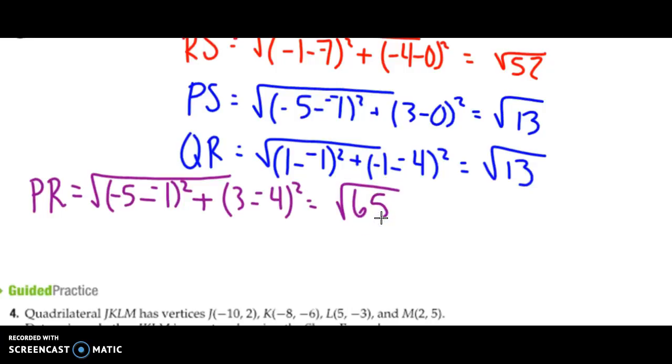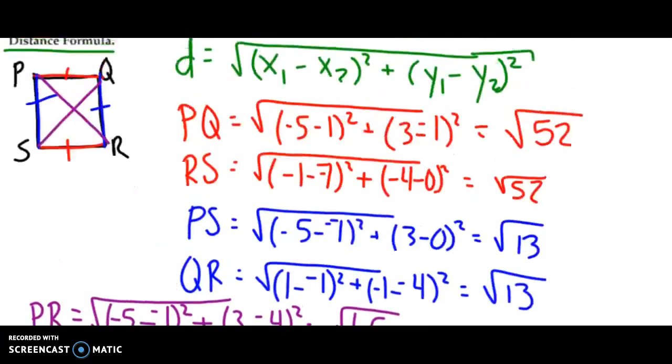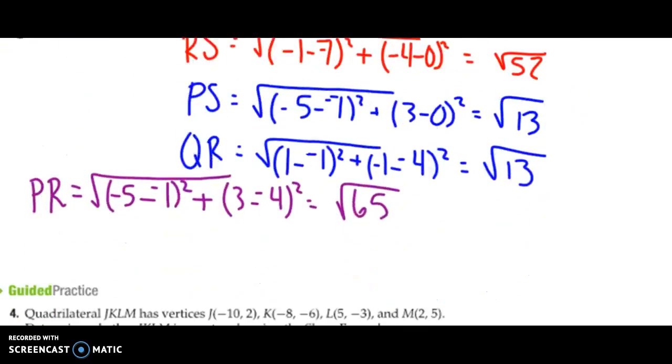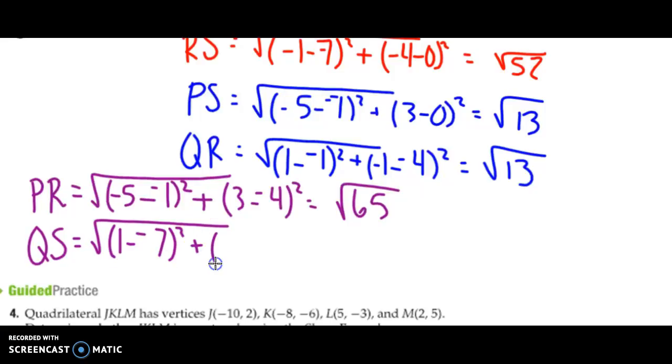Okay? So now, let's find the other diagonal, QS, find its length using the distance formula, and see what we get. And so that's going to be 1 minus a negative 7 squared plus negative 1 minus 0 squared.